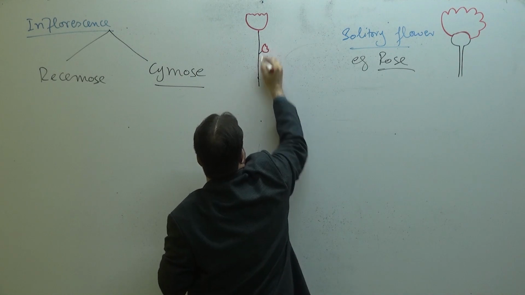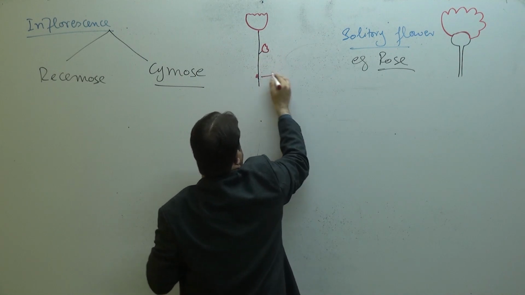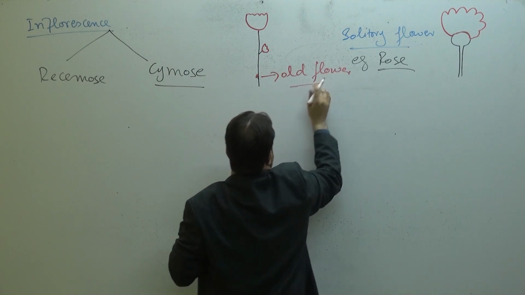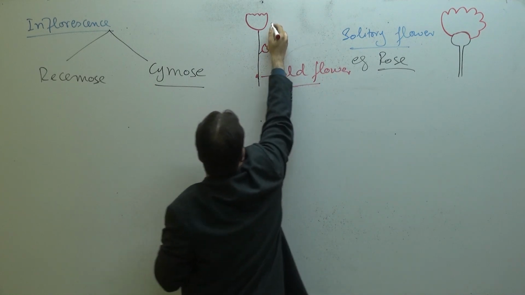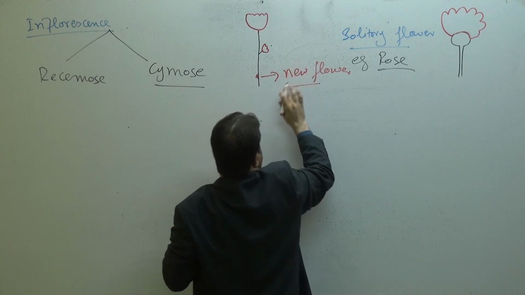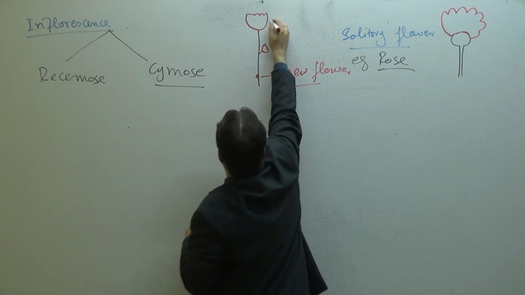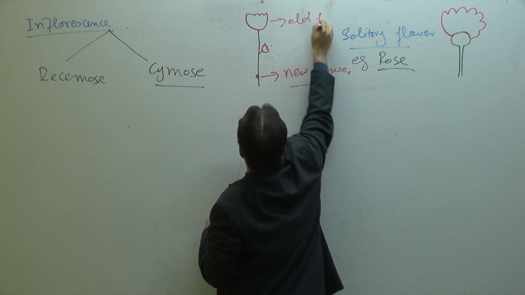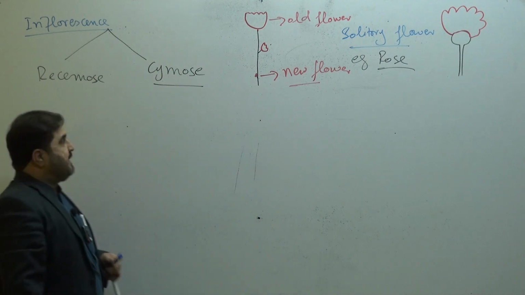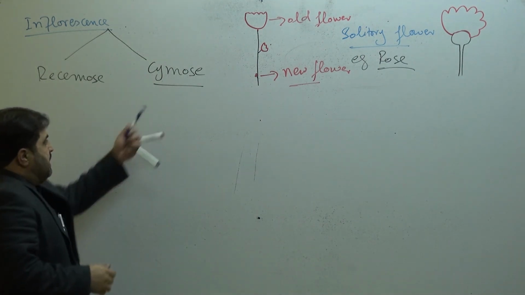So the new flowers are present at the base, while the old flower is present at the tip. That's in the case of cymose.